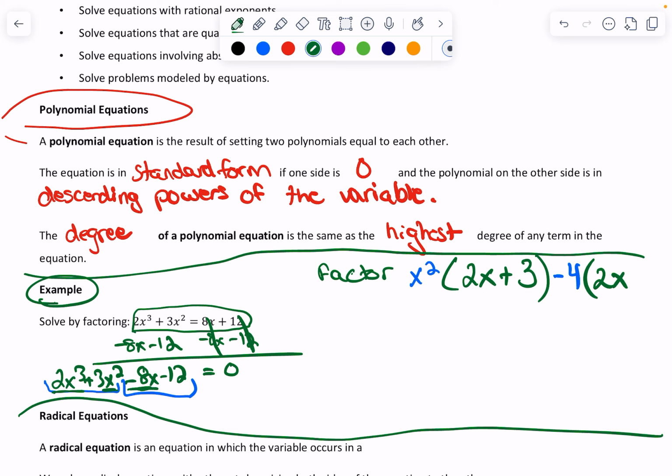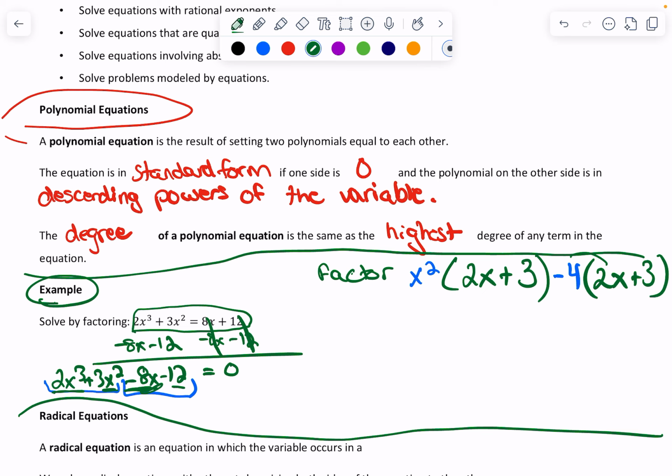If we go back and distribute this, we get the same as what is over here. Then we're going to take the negative 12 and divide that by negative 4, to get the other factor. That one is going to be 3.